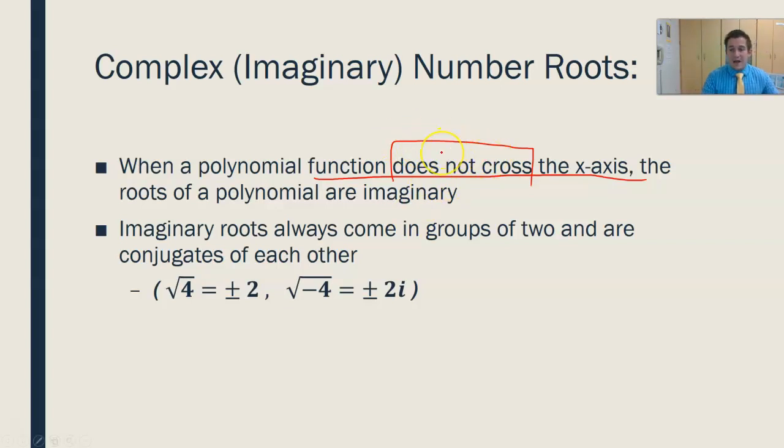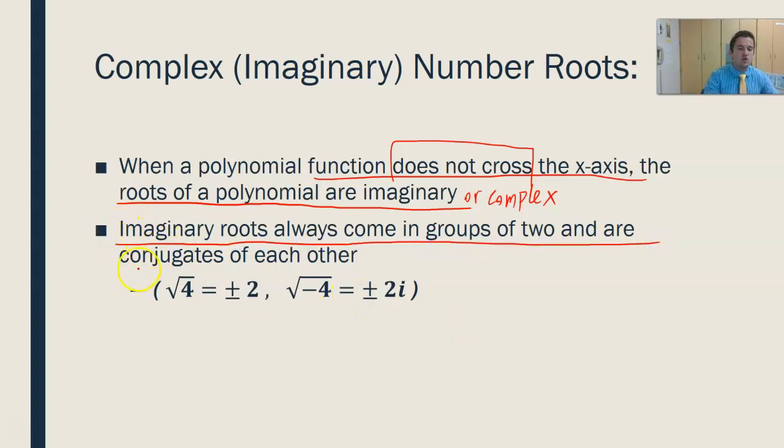So if I don't have real zeros or real solutions to a polynomial function, the roots of a polynomial are going to be imaginary or complex. So if the function does not cross the x-axis but still has solutions, those solutions are going to be imaginary or complex numbers.